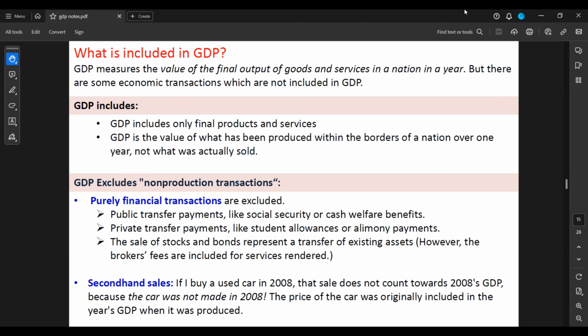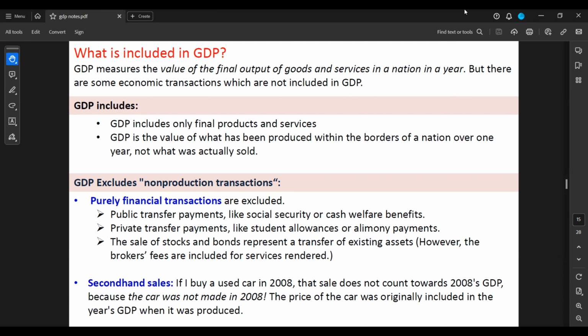GDP excludes non-production transactions. For example, purely financial transactions are excluded. Public transfer payments like Social Security or cash welfare benefits. Private transfer payments like student allowances or alimony payments.